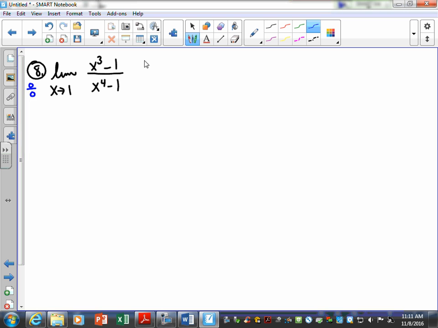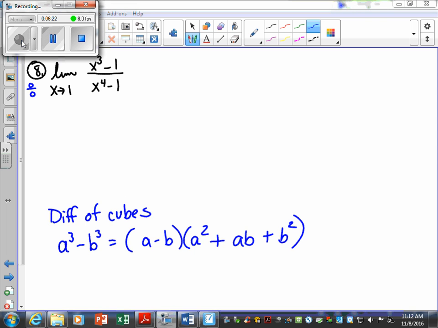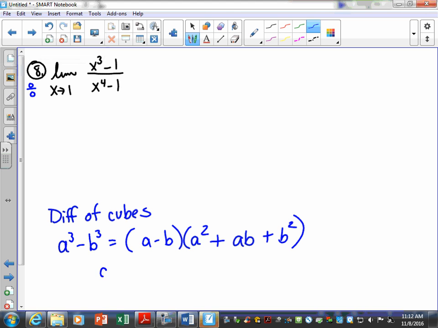This is a difference of cubes, so you might want to go look that formula up, and then this is a difference of perfect squares. Just in case it's been a while, for the numerator, your difference of cubes formula, in that particular case, what's A? X. And what's B? 1. A is what's cubed here.